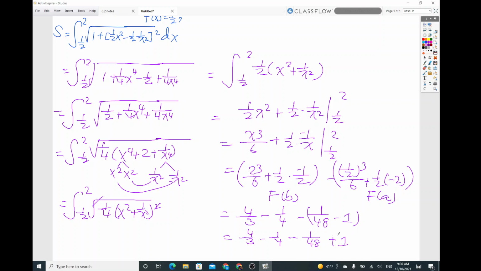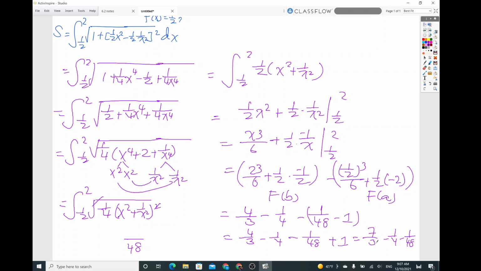Combine them, so 4/3 plus 1, so we do have 7 over 3 minus 1/4 minus 1 over 48. So the least common denominator is 48. Okay, let's put it right here.